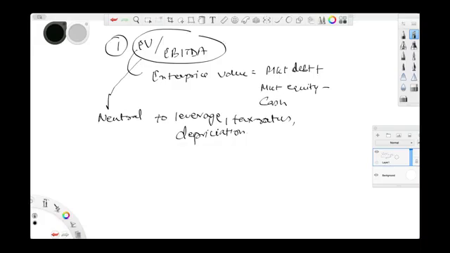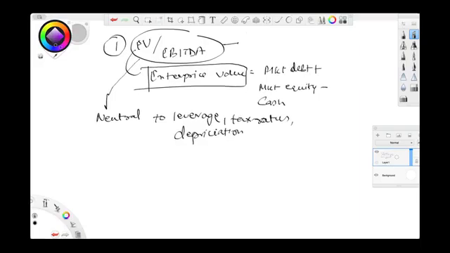It is also very widely used. Since I told you, enterprise value is the value that you pay during an acquisition or a merger. So in order to acquire, you pay something called enterprise value. So it is widely used in M&A transactions.